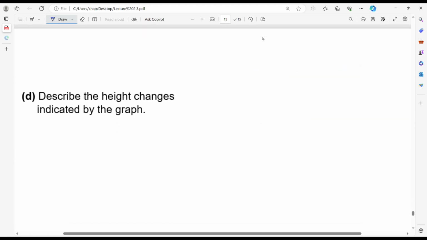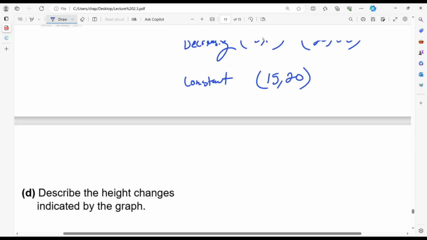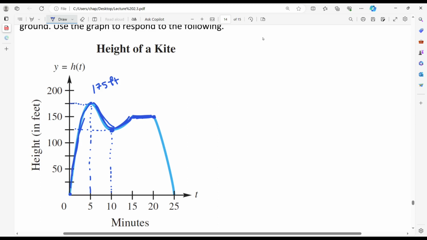Describe the height changes indicated by the graph. We'll do this verbally. It looks like the kite increases in height to 175 feet from 0 to 5 minutes. After that, it decreases to 125 feet from 5 to 10 minutes.